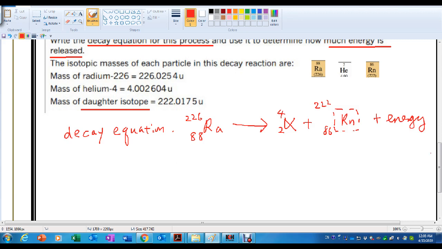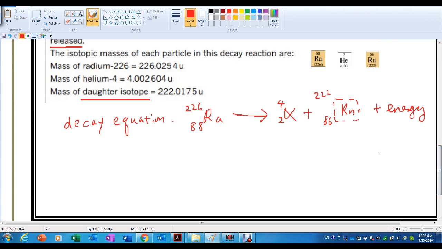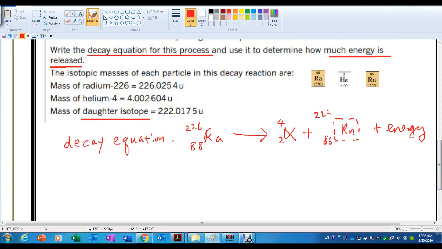Let's see how we get the mass defect. Mass defect delta M equals the mass of Ra minus the mass of alpha minus the mass of Rn, sorry, I went the other way around at first.